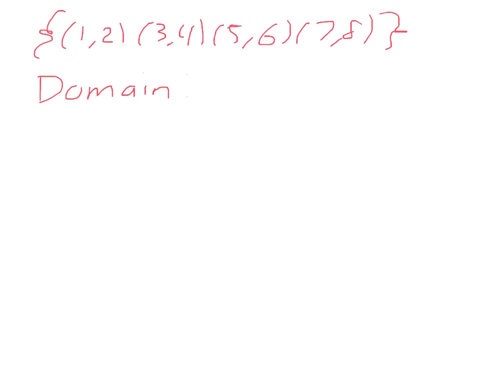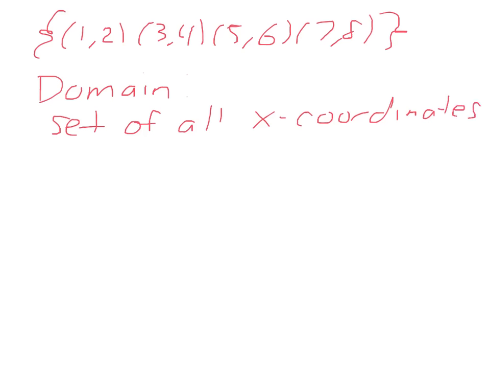And the domain is the set of all x coordinates. So for example, we abbreviate it as D colon, and in here it's going to be all x's, so it's 1, 3, 5, 7.